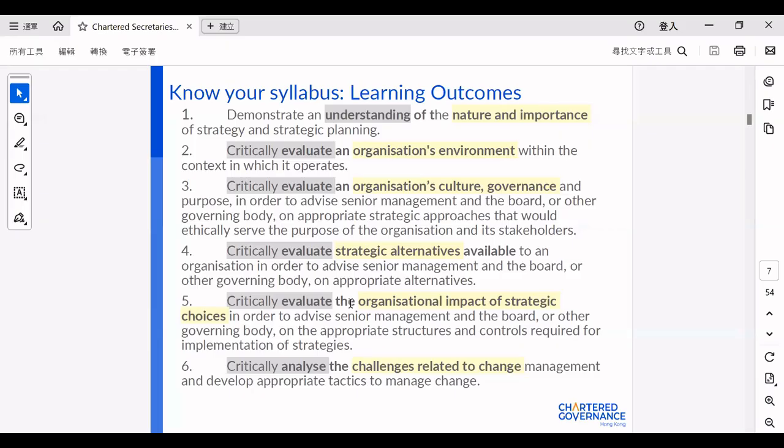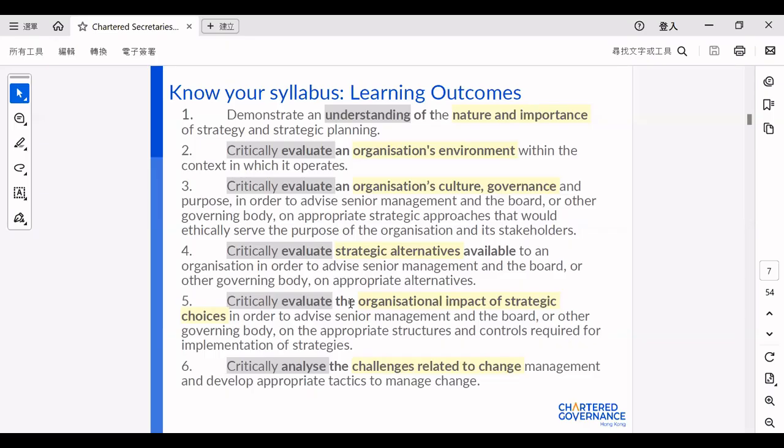So there are quite a number of things in here. Section C by far is the longest topic. It requires you to spend more hours studying these sections.